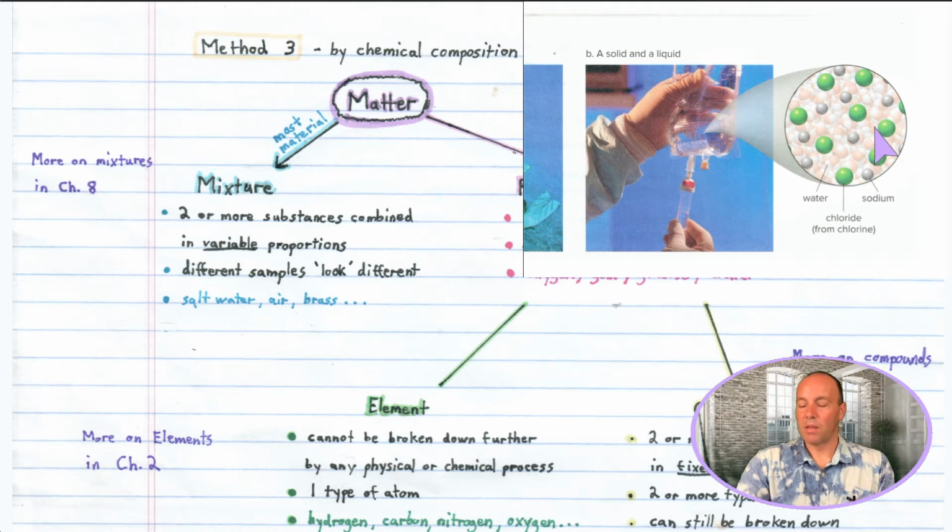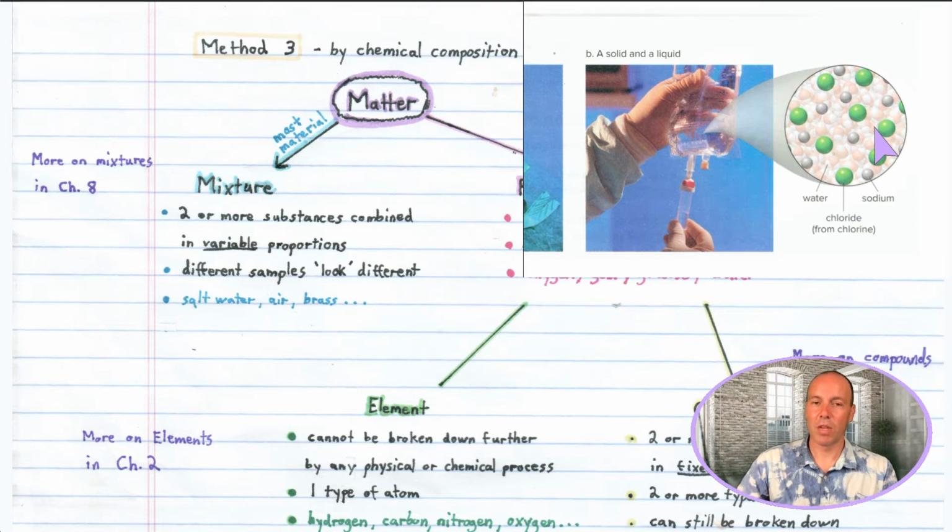And depending on where you get your salt water solution, it might have more salt or it might have less salt. And in medical practice, sometimes you want a saltier saline solution, and other times you want a less salty solution.